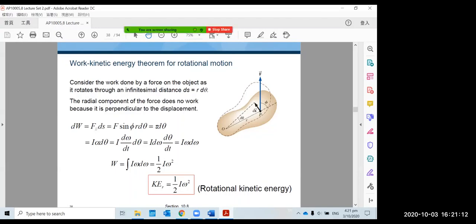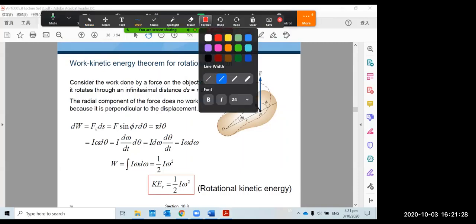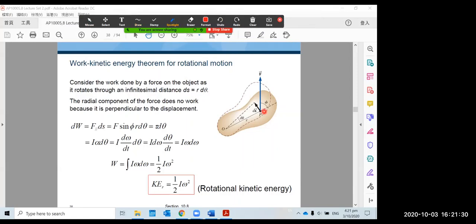So if you have an object experiencing a force and causing the center of mass to displace by a distance, it would generate a work done. Here, a small work done is generated by having the force applying to the object, causing it to move a distance ds.